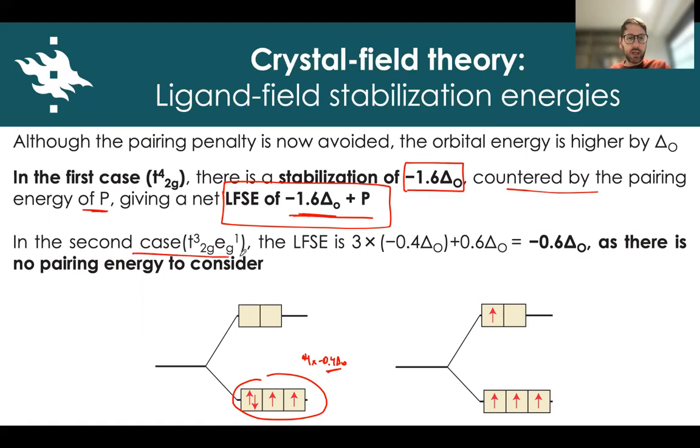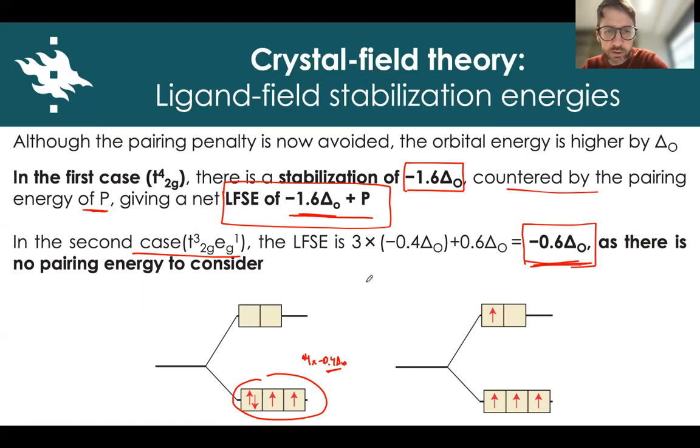In the second case, in which we have 3 electrons in the T2G orbitals and 1 electron in the EG orbital, the ligand field stabilization energy will be minus 0.6 of the ligand field splitting parameter, and there are no pairing energies to consider.